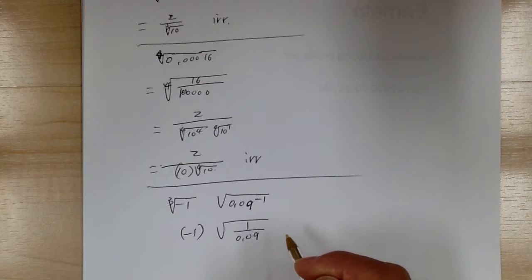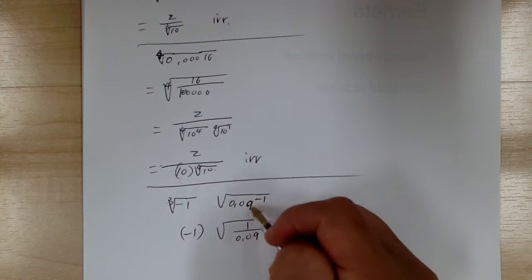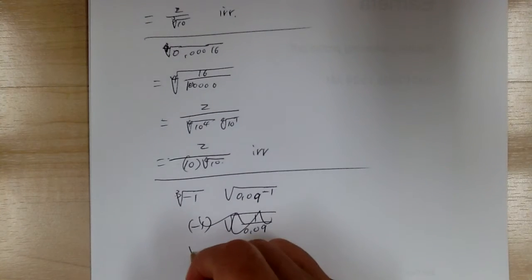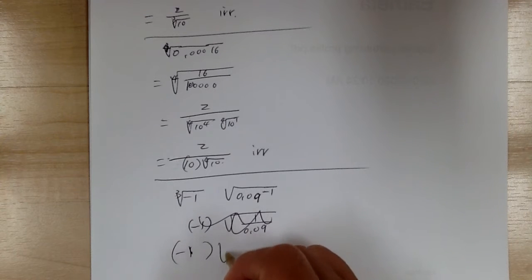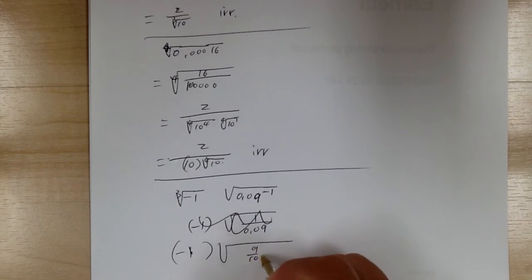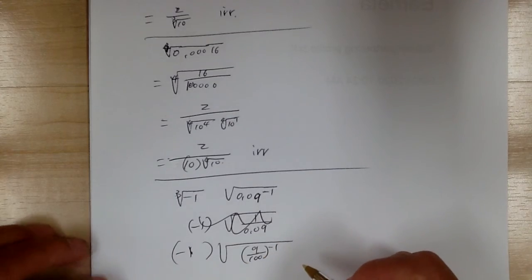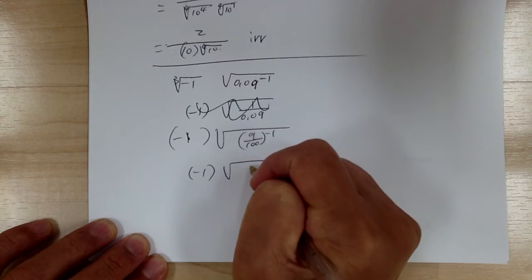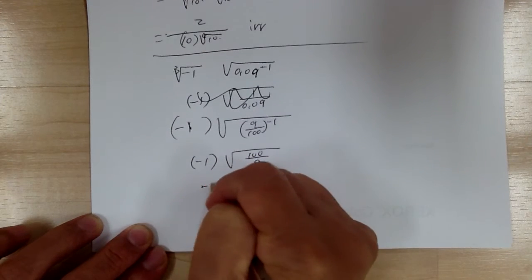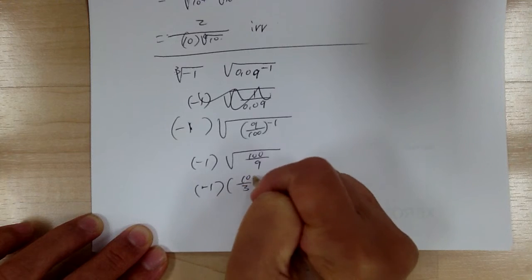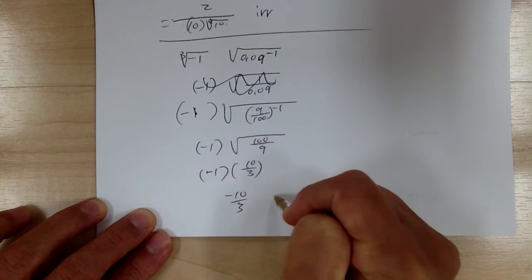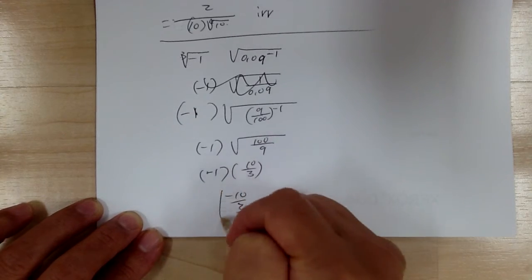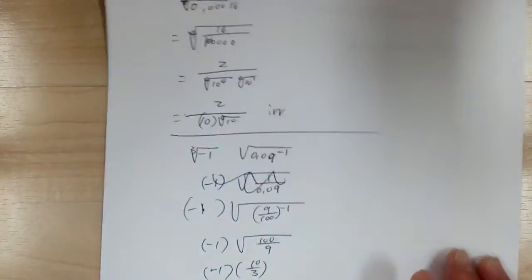Well, let's go ahead and convert into a fraction first. So this is -1. So this is the square root of 9 over 100 to the -1 power. And then you flip it over, and then you simplify. So you got 10 over 3. So you got -10 over 3. So this is rational. So only the last one is rational. So the other 3 are irrational.